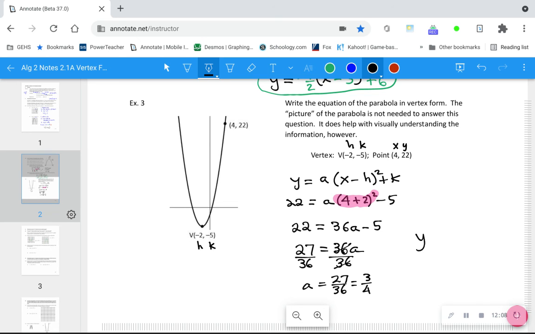So now you're ready to fill in the template. a is 3/4. The opposite of h is +2. And then you tack k on the end there, and you've got your equation.